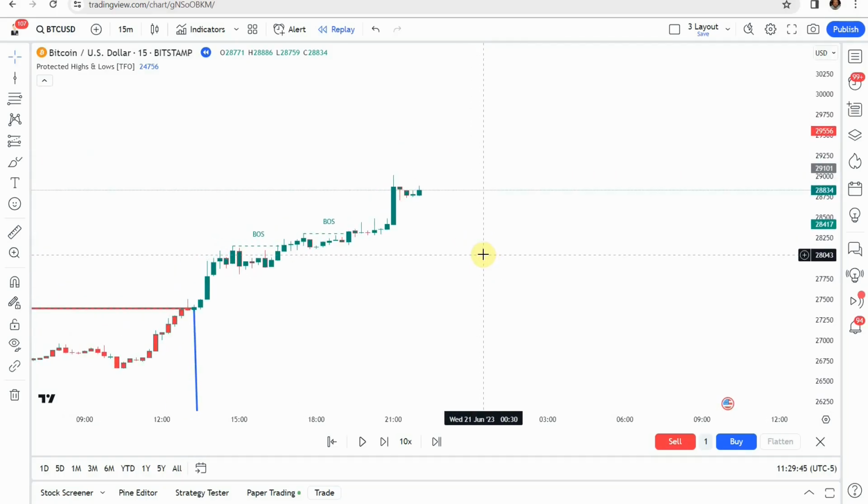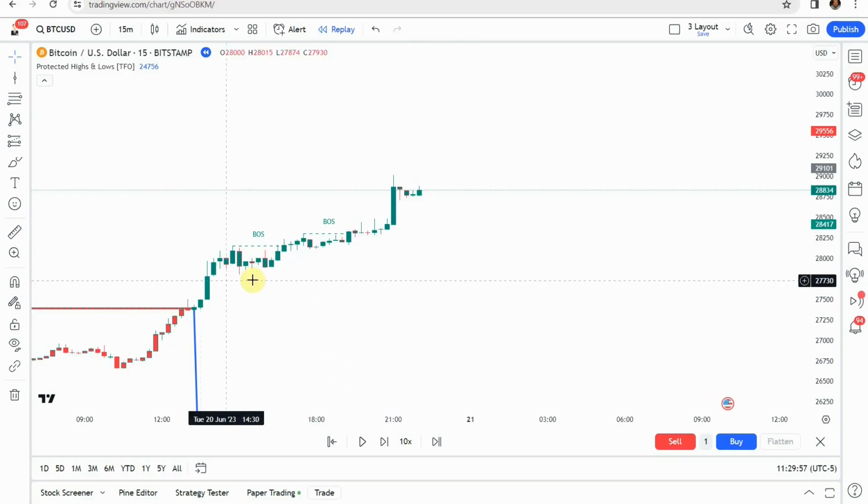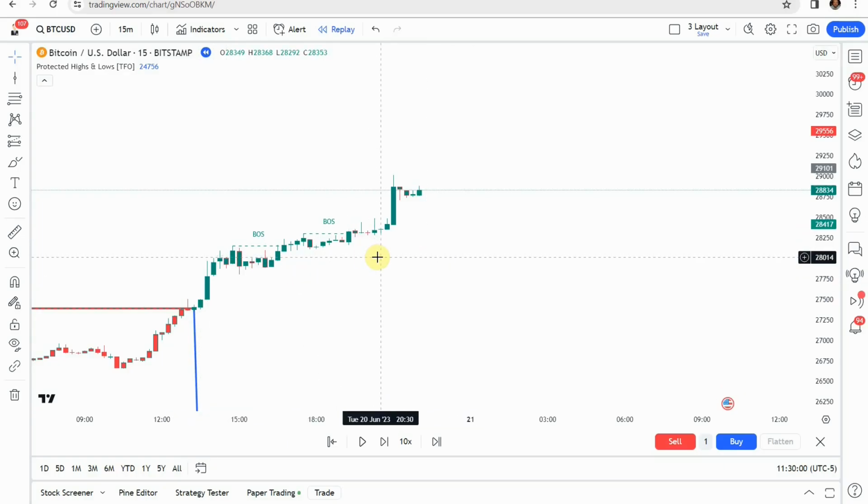Alright, so let's go ahead and go over the numbers on this strategy. As I mentioned before, we switched it from the 4-hour time frame down to a 15-minute time frame. And again, I said that there was a reason why. After playing around with it, what I realized is that the signals are so few and far between that on a 4-hour time frame, to get just 50 trades, we would have been years trying to get the 50 trade test in.